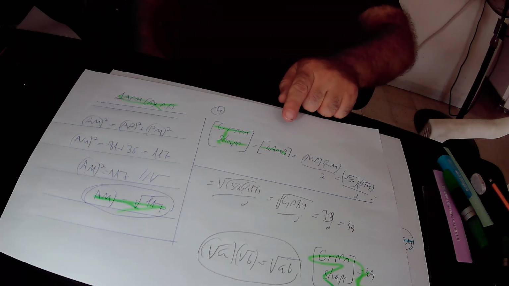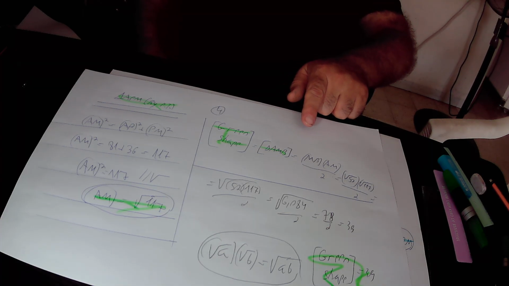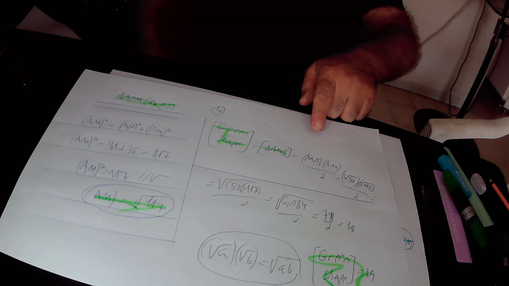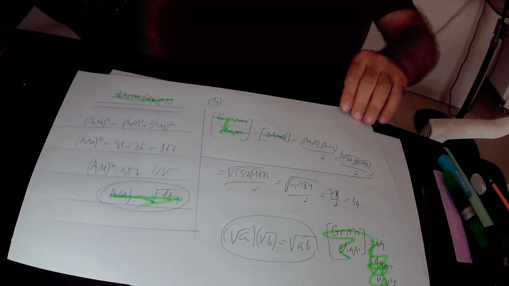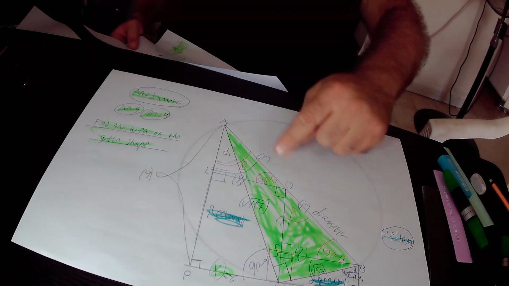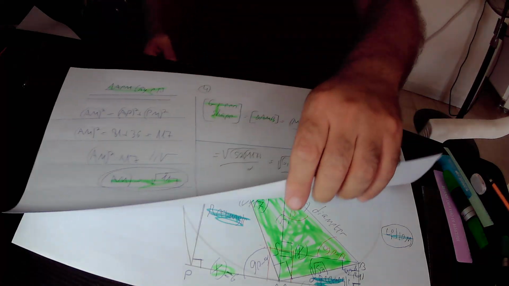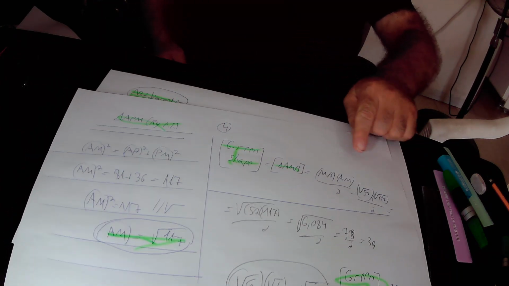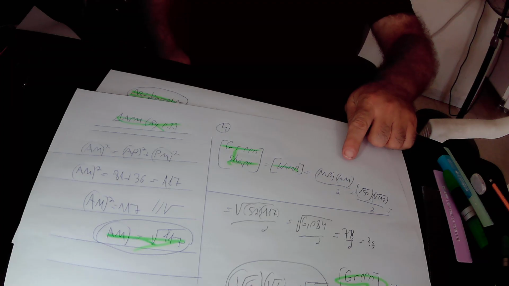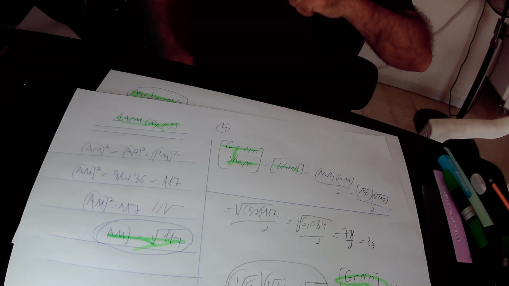We already found out that MB equals the square root of 52 units and AM equals the square root of 117 units, divided by 2.